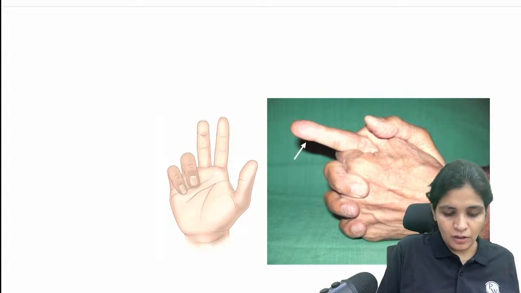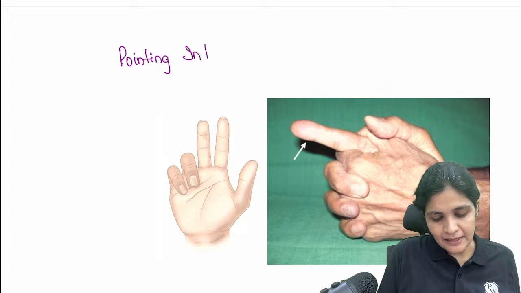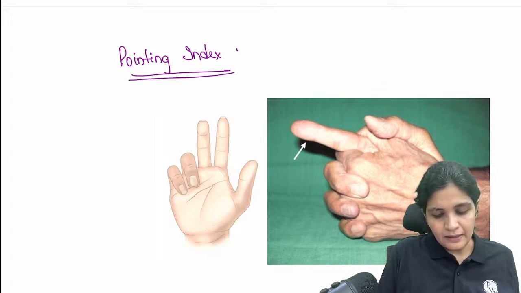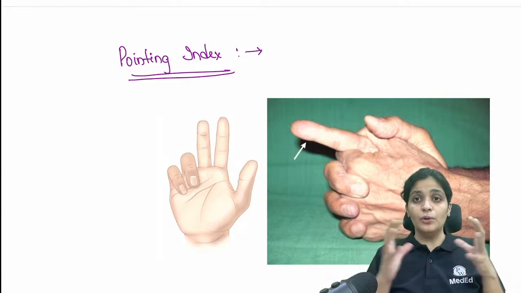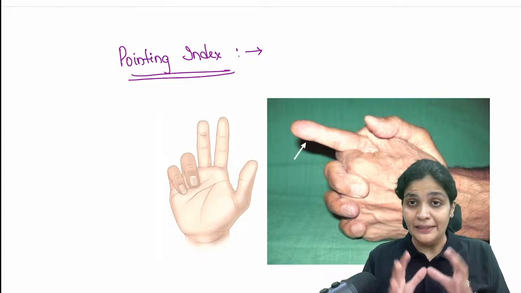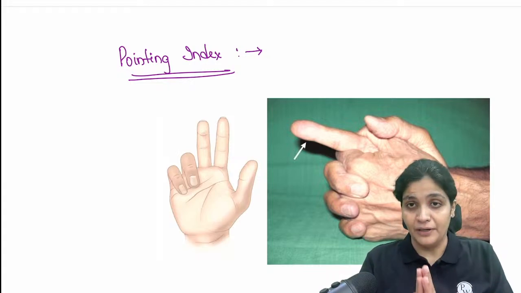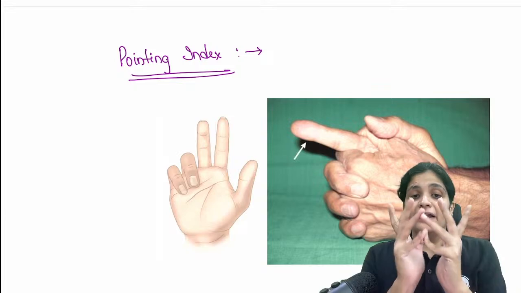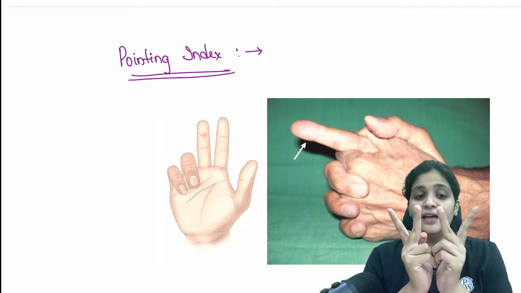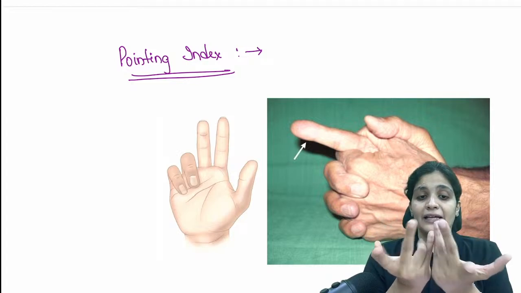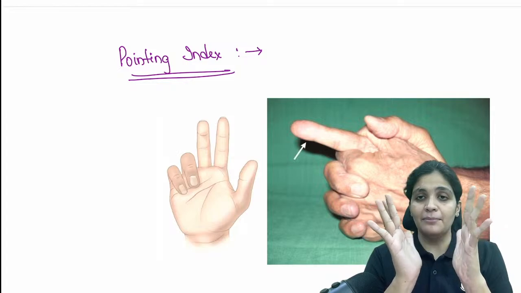This is nothing but your pointing index. So what is a pointing index? So again, back to the basics. I have told you that all the flexors are supplied by the median nerve, right? That is, FDP and FDS are very important here. So little and ring finger, FDS, FDP are working fine because there is no problem. These 2 fingers, you cannot just move like this, because they are related to the other fingers, right? So the thumb is independent.